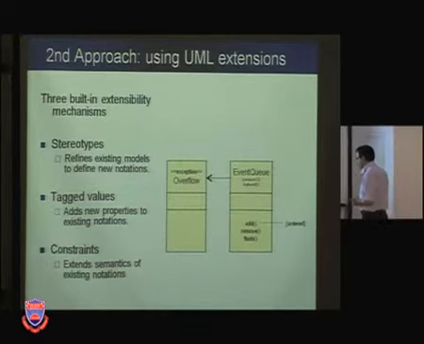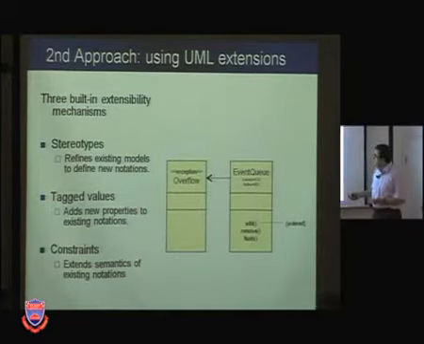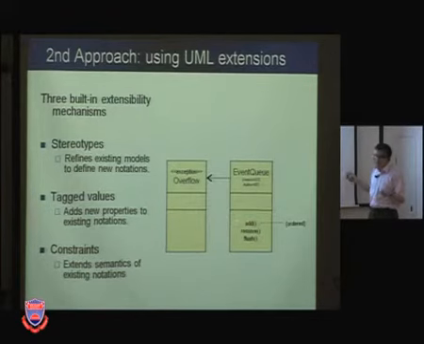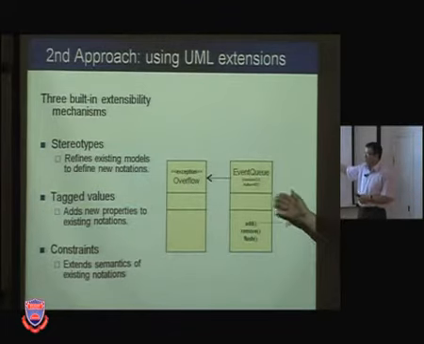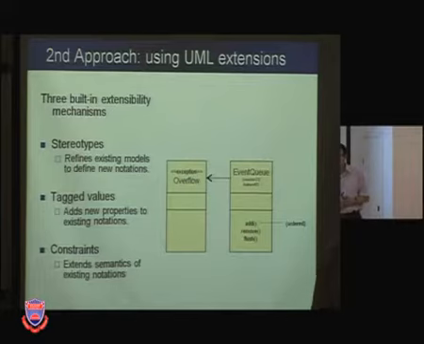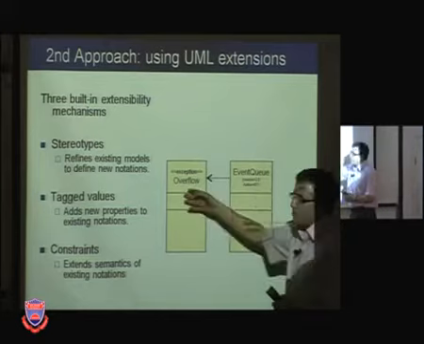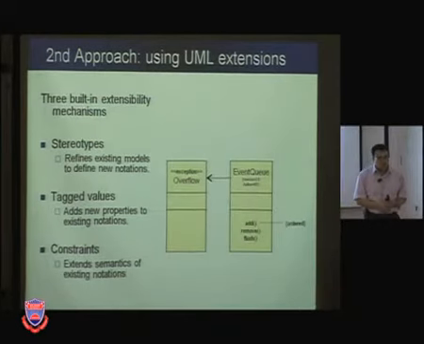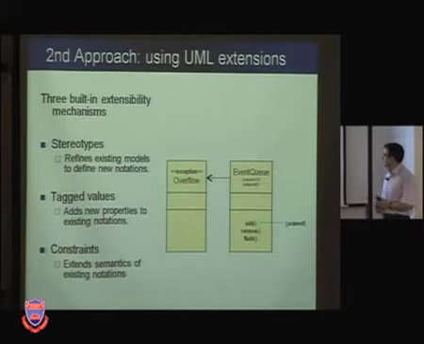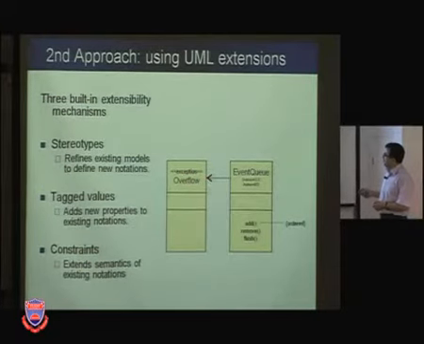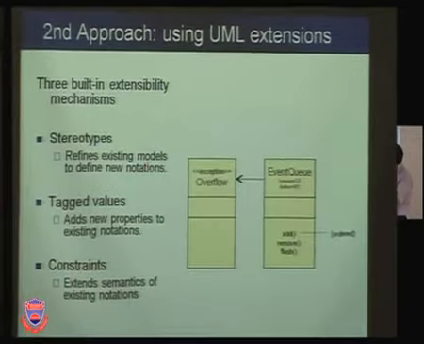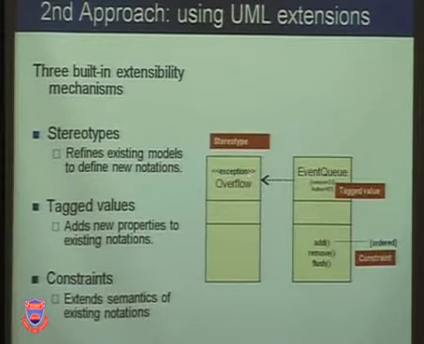Let me explain this with an example. There are two classes here, as we see: overflow and event queue. In this application, we have an event queue. We add events to the queue, right? And if we get some overflow, this overflow class object is called. Here we see actually three different mechanisms. A stereotype, which uses existing model elements to define new notations.